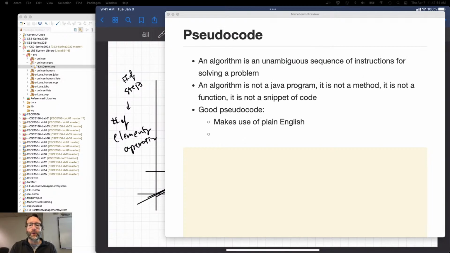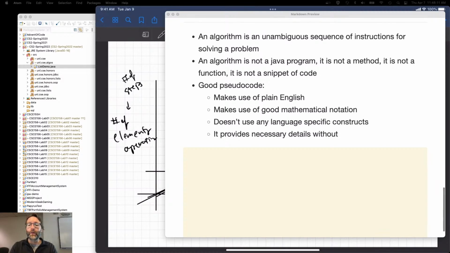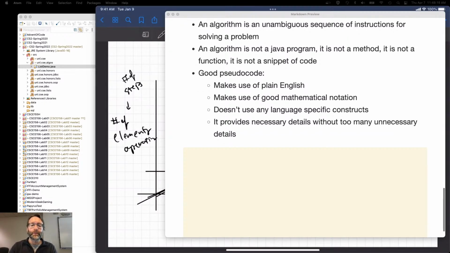Makes use of good mathematical notation. It doesn't use any language-specific constructs. It provides necessary details without too many unnecessary details. Right? Okay.